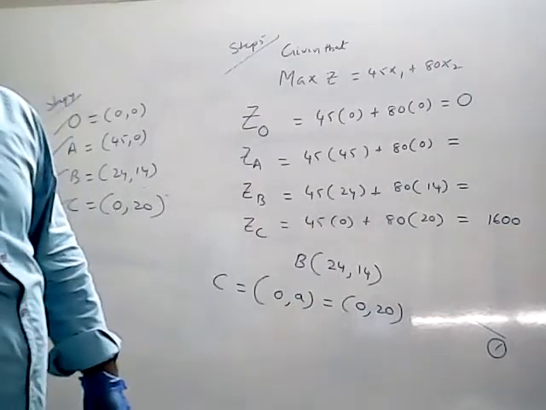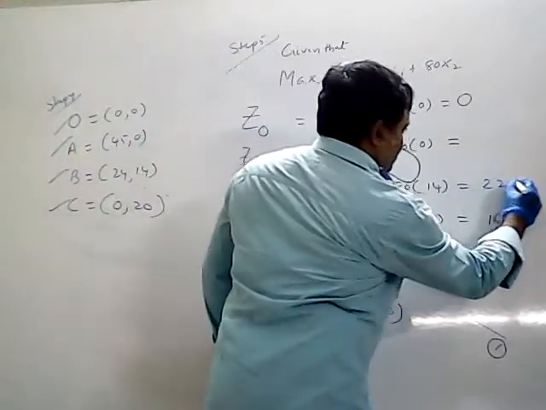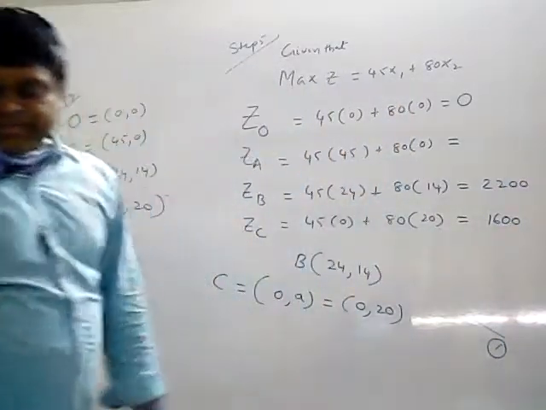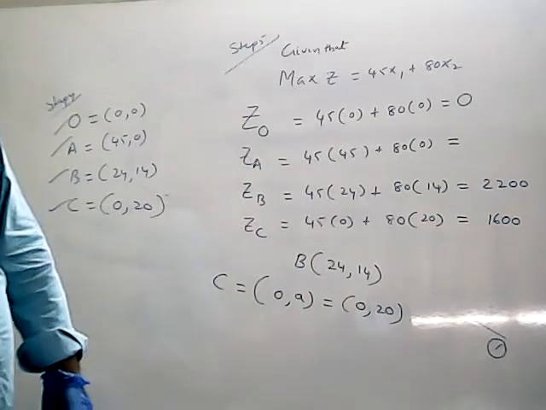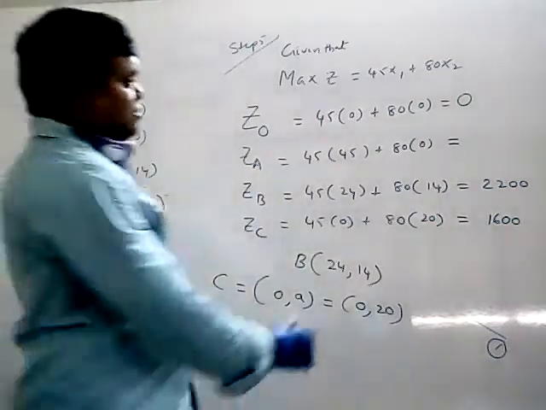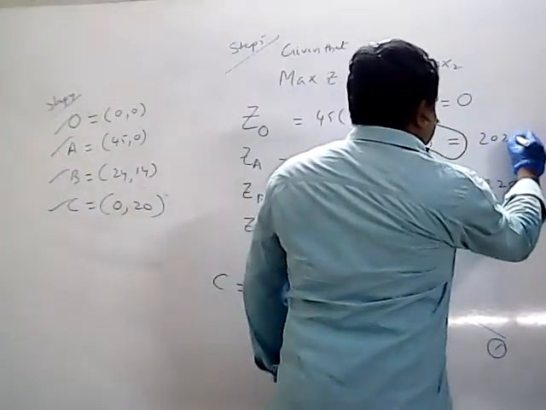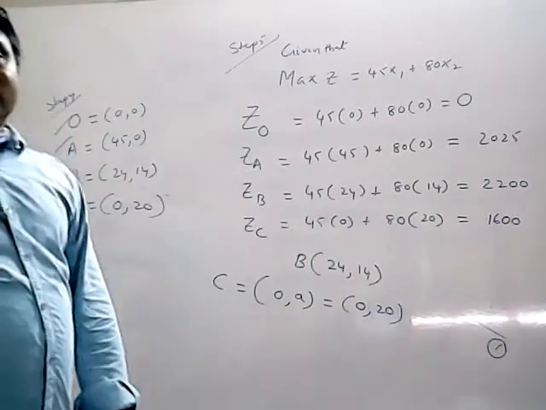For B, 24, 14, you are getting 2200. You can check once. And for your A point, 45, 0, you will get 2025. So these are the values you are getting.